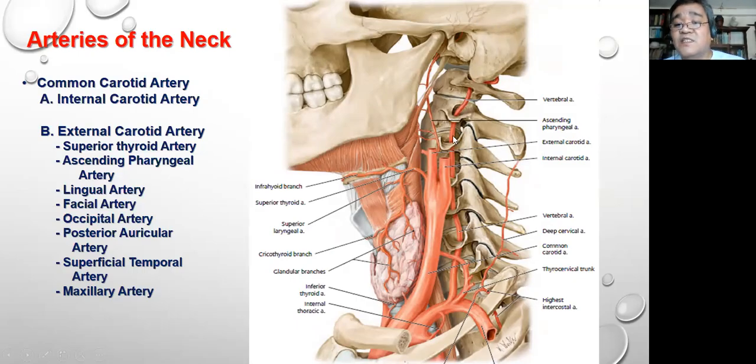Okay, this is the vertebral artery. By the way, the common carotid artery itself does not give branches to the neck. It is only the branches of the external carotid artery that give supply to the structures of the neck.